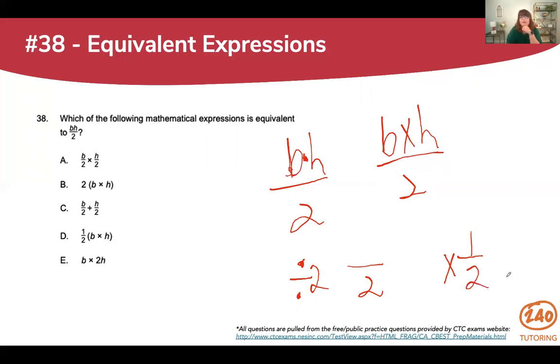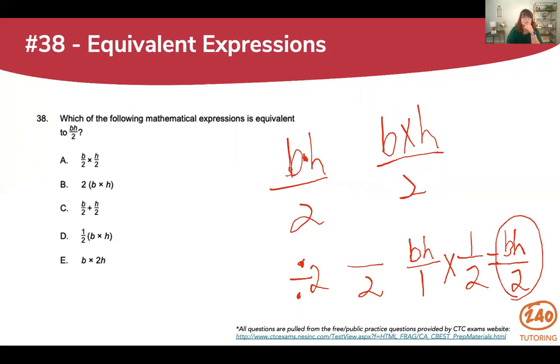All right? Because we could actually take this BH, multiply it together, and put it over 1. And when we multiply by 1/2, we get BH times 1 would be BH. 1 times 2 would be 2. So when we multiply by half, we see we're still right back to dividing by 2.